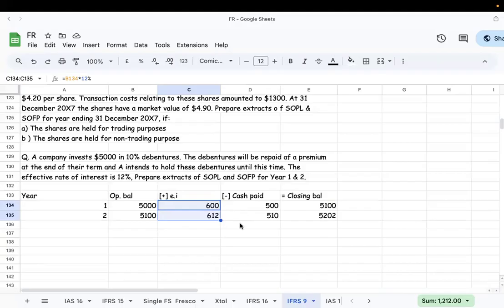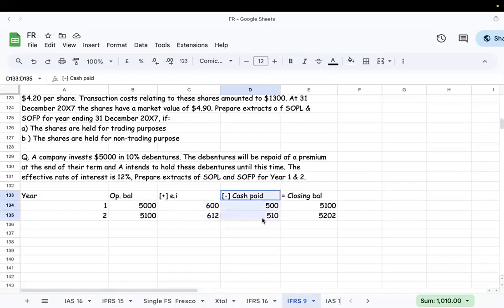Here the company has invested in debentures, so whomever we have taken the debentures from, they are liable to us. That means they have the obligation to pay us interest. So this interest becomes our income in SOPL because we are on the receiving end.